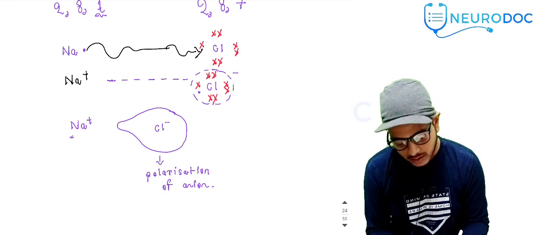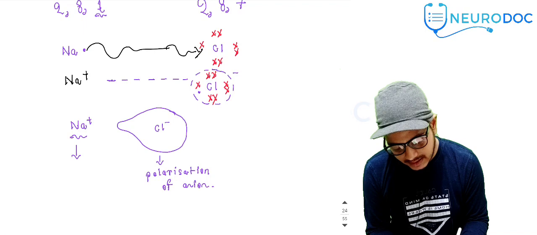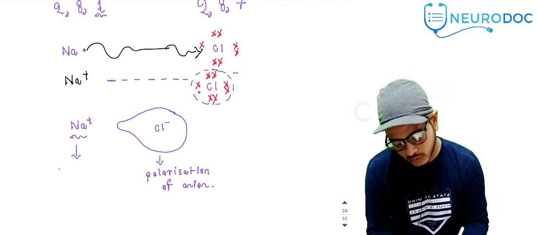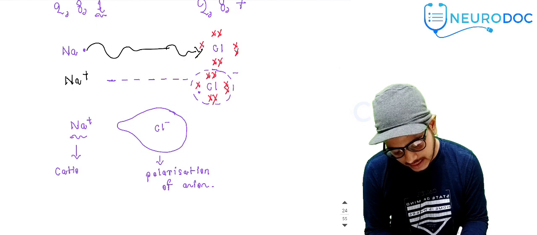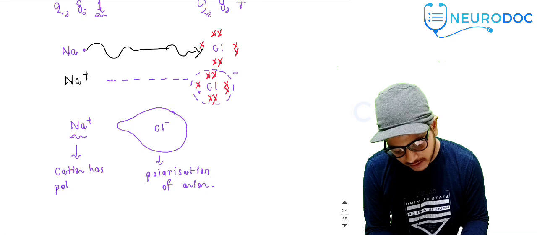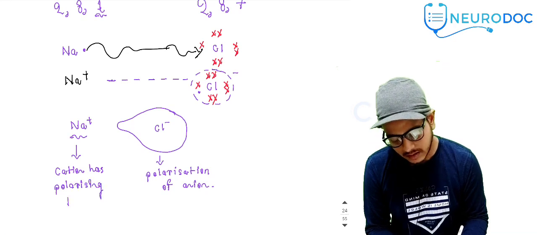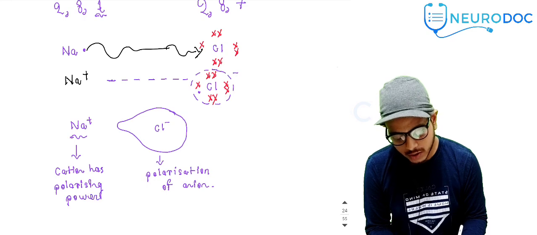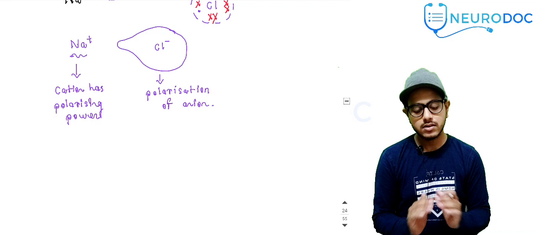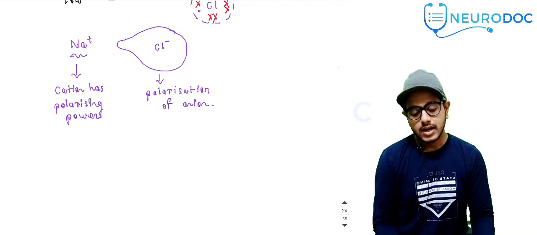So the cation is said to be having polarizing power. Because it caused the polarization of the anion, the cation is said to have polarizing power.